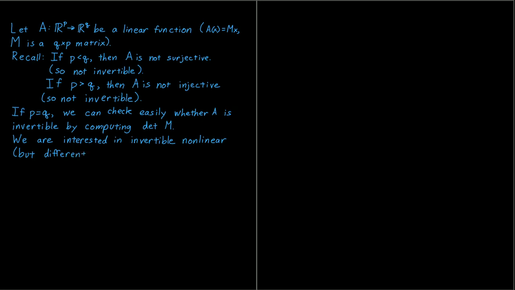And remember, for a function to be differentiable, that means it's got this linear function that shows up that's its derivative. So we might be able to exploit some of the invertibility theory for linear functions by looking at the derivative of our invertible nonlinear function.